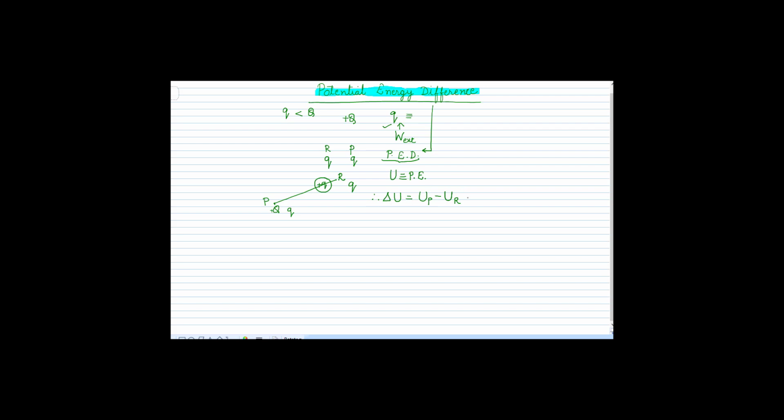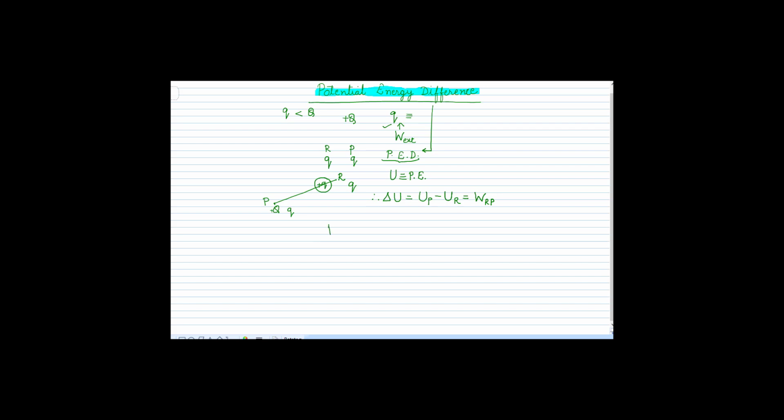As I told you that this difference will be equal to the work done in bringing the charge from point R to point P, because that is the work done which is added in the form of potential energy to this charge small q. So what we conclude?